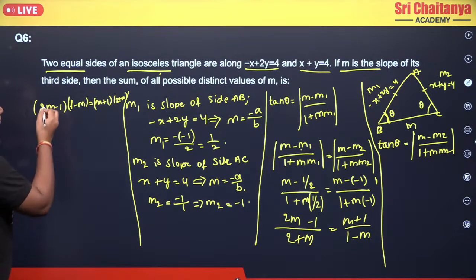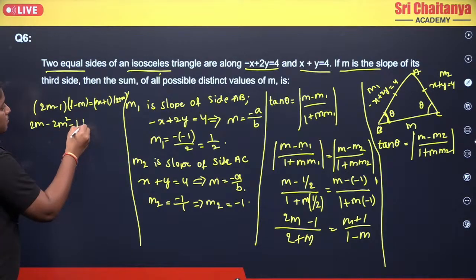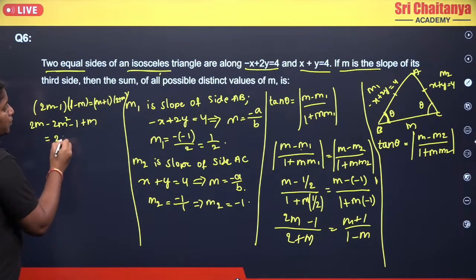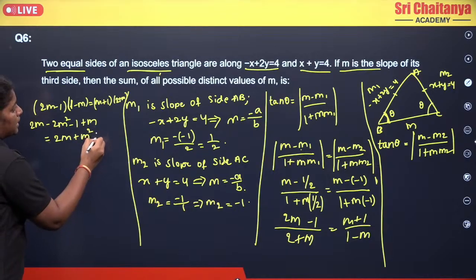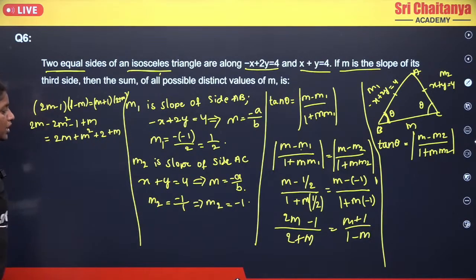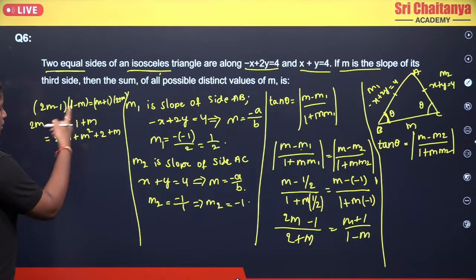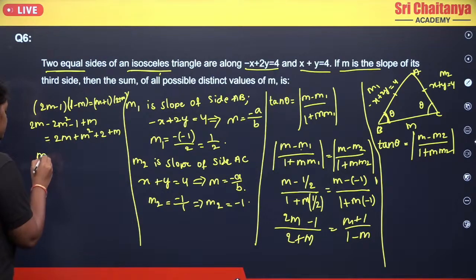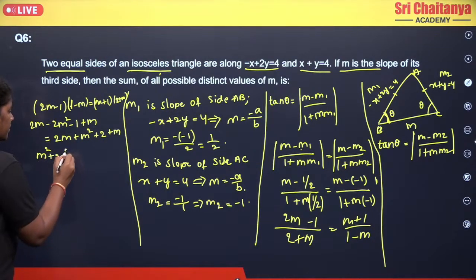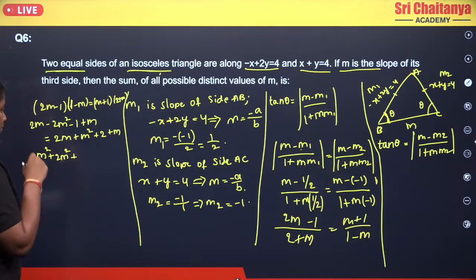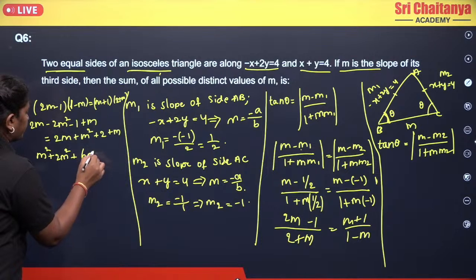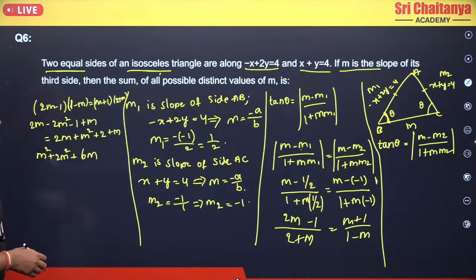Now if you simplify it, you will have 2m minus 2m square minus 1 plus m equals 2m plus m square plus 2 plus m. Okay, now just take all the terms to one side. So 2m plus m becomes 3m. If you take them to the other side, that becomes m square plus 2m square, and here you will have 3m and 3m, which is nothing but 6m.